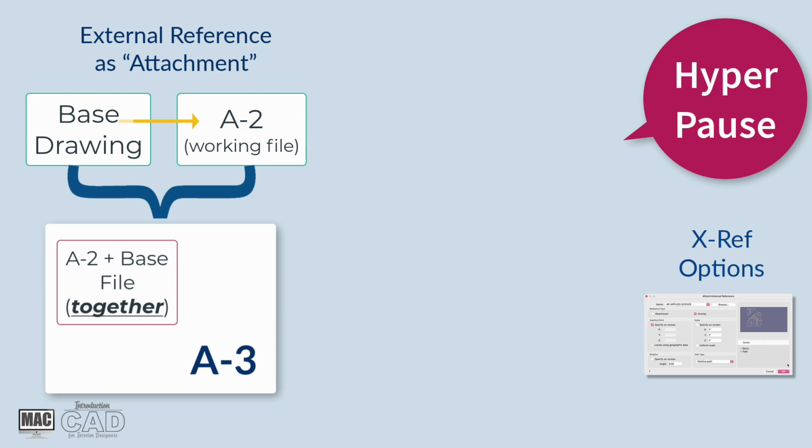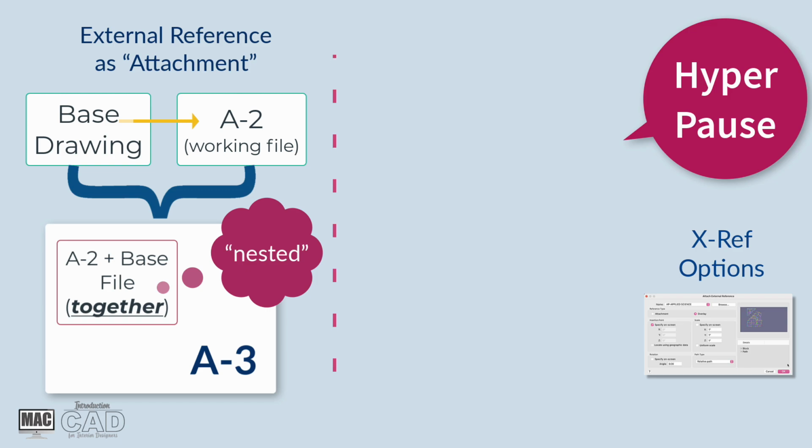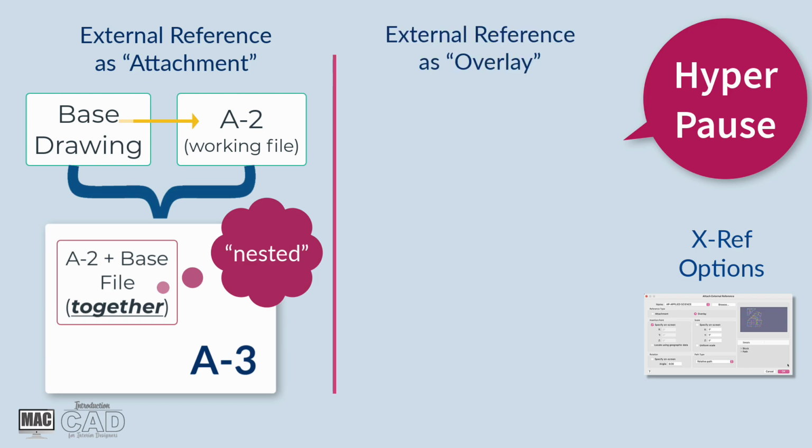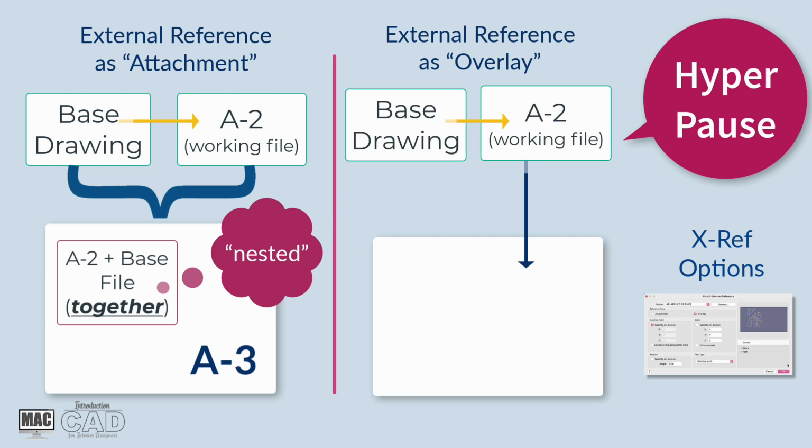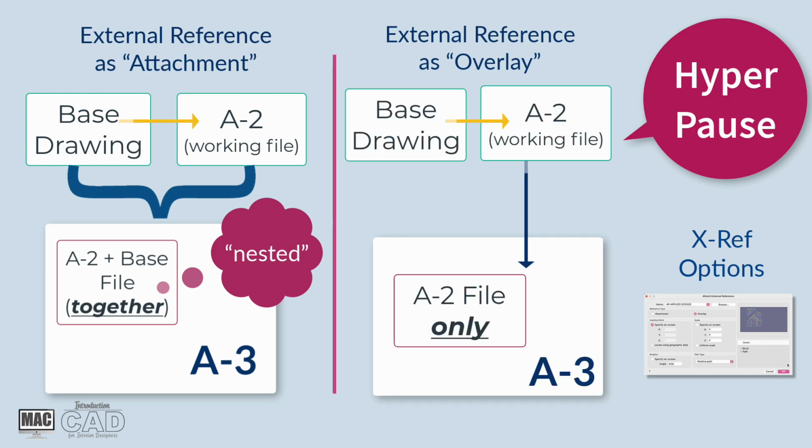So both drawings become nested in any future working files that use the A2 drawing as an external reference. Whereas in the case of the overlay option, the external reference in this file will not be carried through into any future files. Only the A2 file will be referenced in a future file, and this overlay will be left behind.